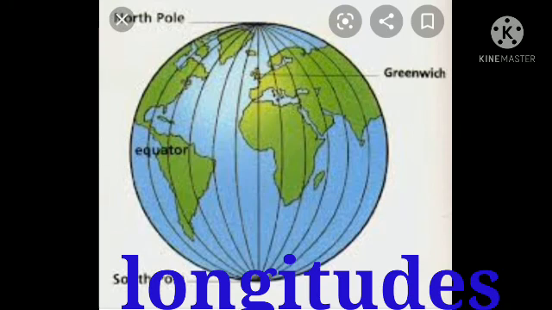Longitude lines also help us to divide the world into time zones. Each time zone in the world differs from the next by 15 degrees in longitude or 1 hour in time. All the places within a particular time zone follow the fixed time of the standard meridian of their longitudes.